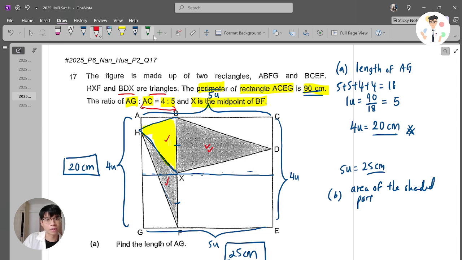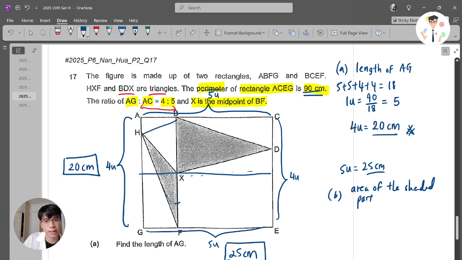So in simple terms, let me just recolor this. This basically tells us that these two shaded parts can just be something like this. Let me just quickly write this. It can be something like this, here and here.